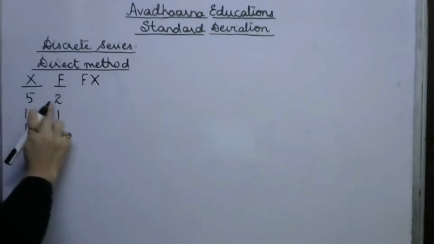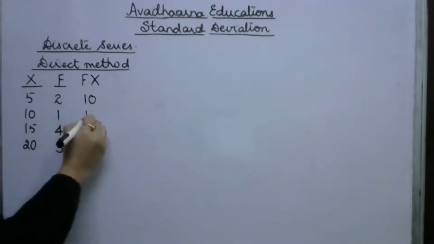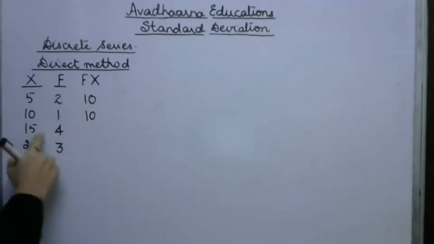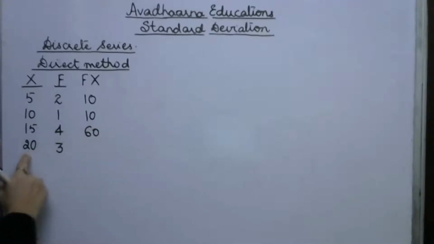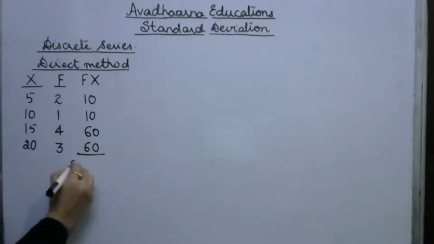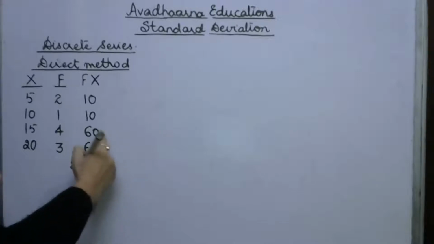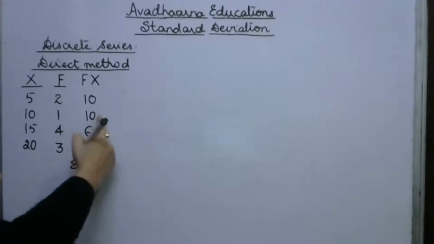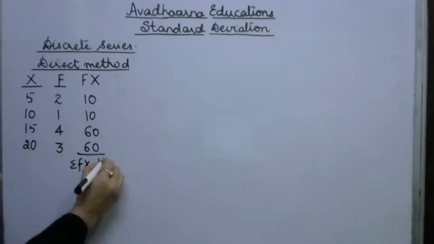So 5 into 2 is 10, 10 ones are 10, 15 into 4 is 60, and 20 into 3 is 60. Summation fx is 60 plus 60, 120, plus 10, 130, plus 10, 140. So summation fx is 140.